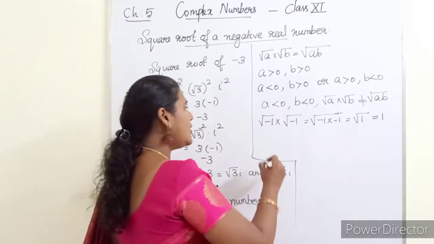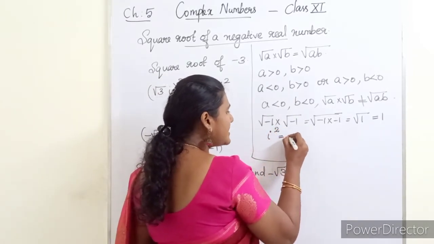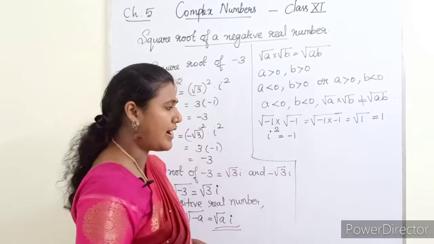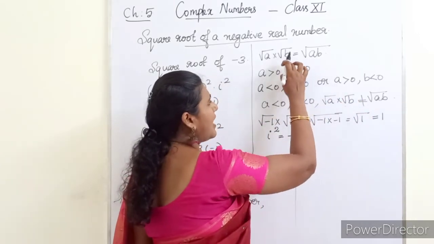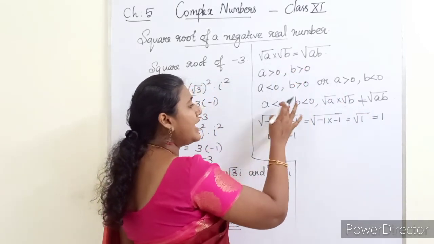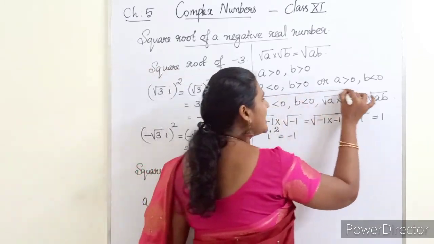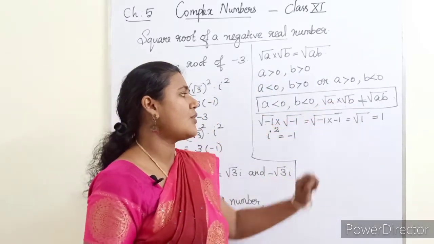But we already know root of minus 1 means i. So i square is equal to minus 1, but here we got i square value as 1. So this formula will not be true if a and b both are negative. So if a and b both are negative, then root a into root b will not be equal to root of ab.